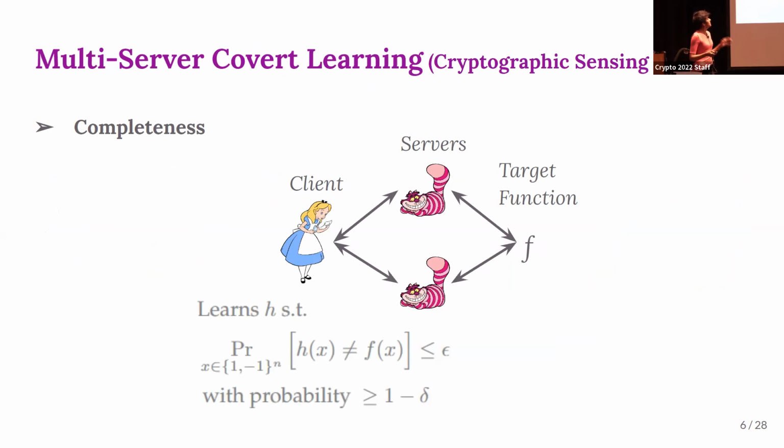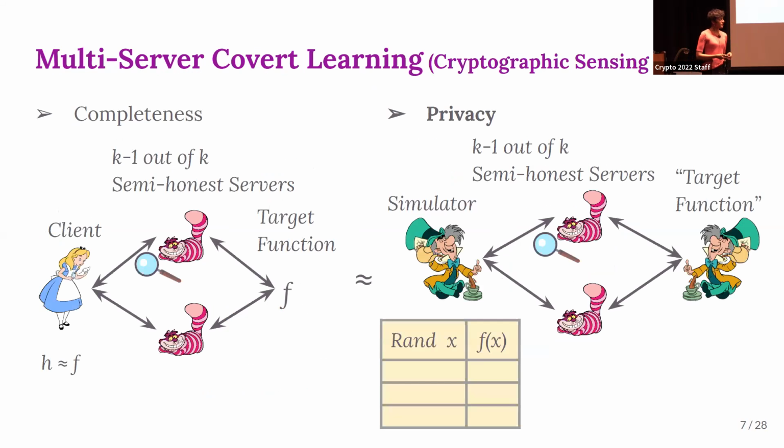Now we'll switch to a slightly different but quite natural setting, in which, instead of one server, the client is interacting with multiple servers. In this setting, the client is attempting to learn a good approximation to the function with high probability. In the privacy setting, we'll specifically consider the case in which k-1 out of k servers are semi-honest.